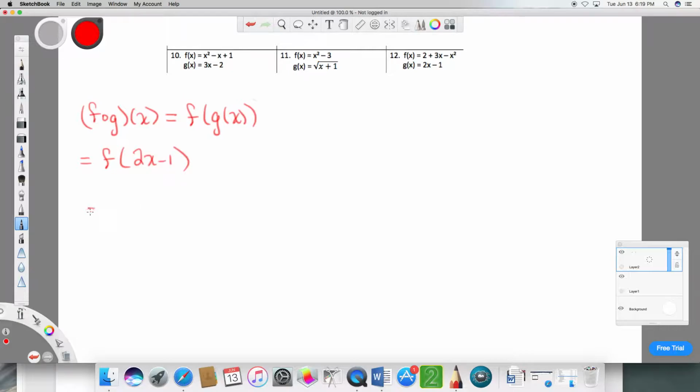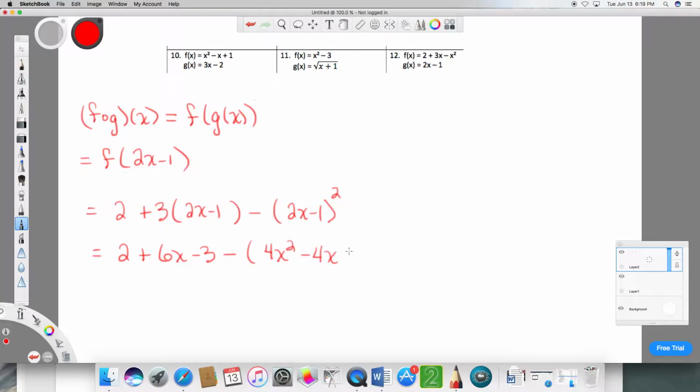F always has 3 terms, where the first term is 2, the second term is 3 times the input, and the last term is minus the input squared. So we're giving it an input of 2x minus 1. So we have 2 plus 6x minus 3 minus 4x squared minus 4x plus 1.